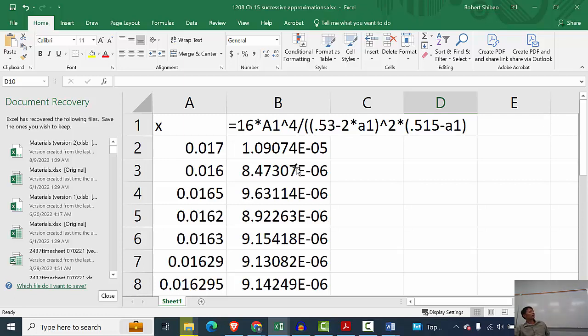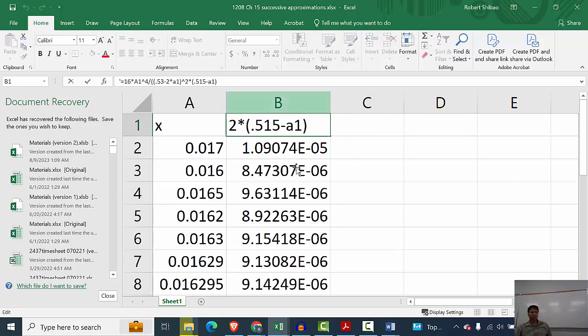So I'd have my x value here, and then type in the formula here, which is equal to 16 times x, which is A1 in this case, raised to the fourth power, divided by 0.53 minus 2x, which is A1, squared, divided by 0.515 minus A1 or x. Actually, I'm missing one parentheses there. Close parentheses.